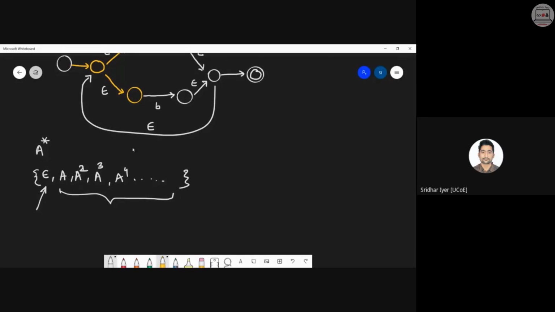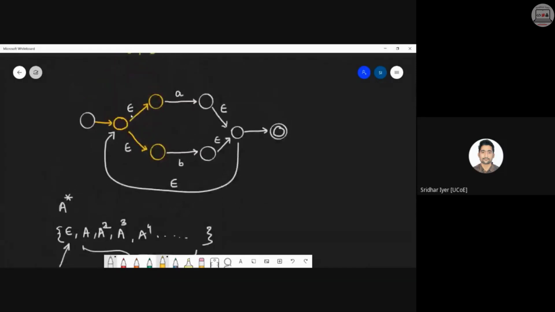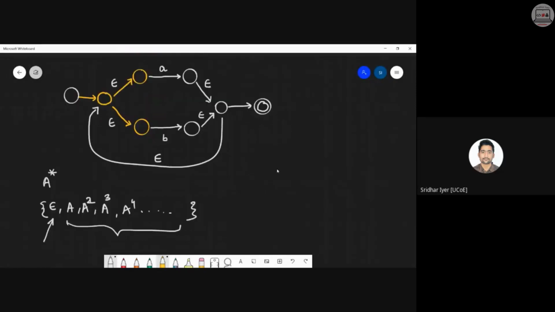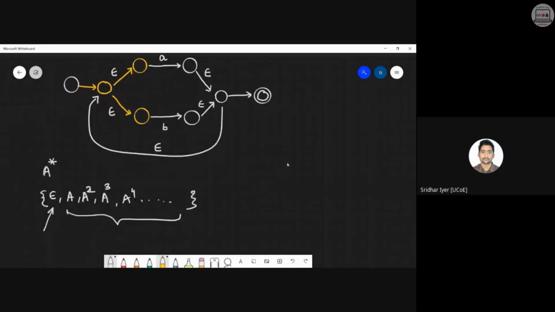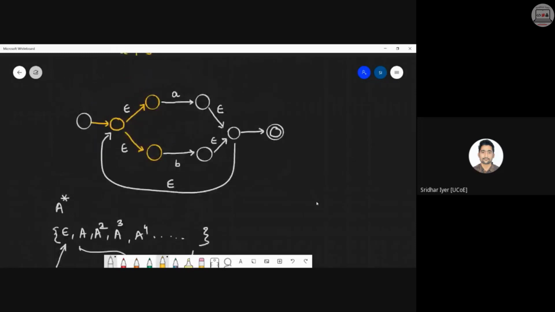In this case, our capital A is small a plus small b, so I have replaced that with a capital A for better understanding. Okay. Next up, we need to add this transition from the actual start state to the final state directly, which will be with the help of an epsilon transition. Correct? We have to add the remaining epsilons over here, and then this particular diagram will be complete.